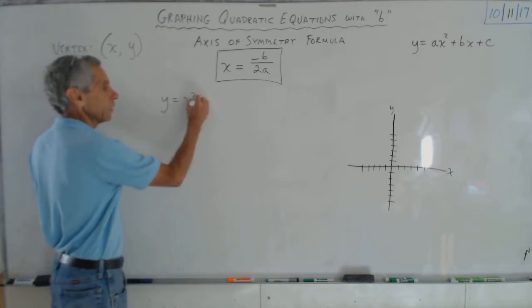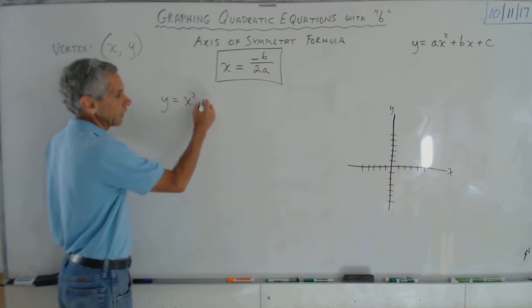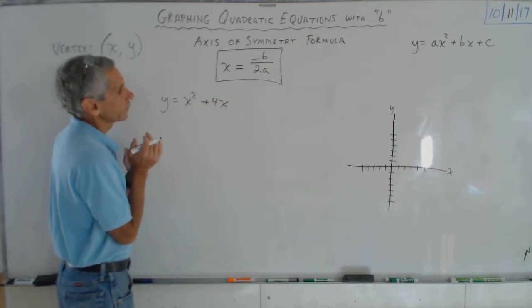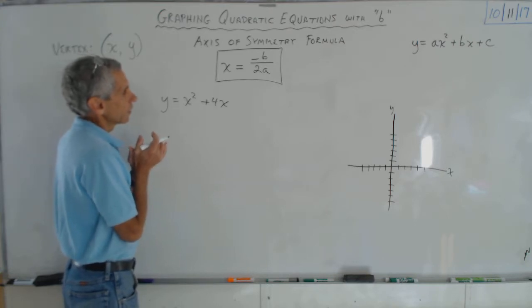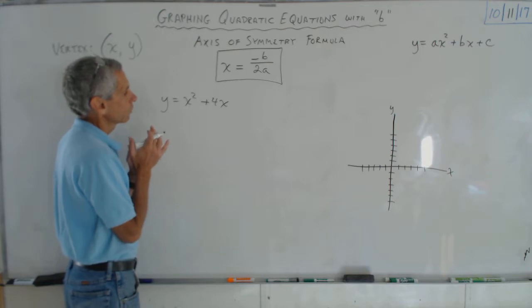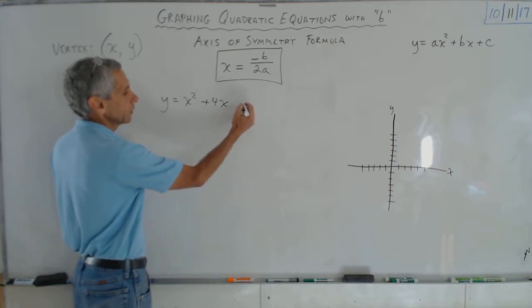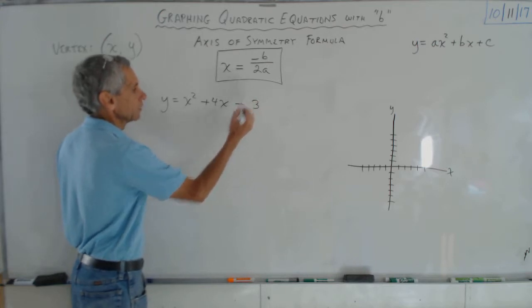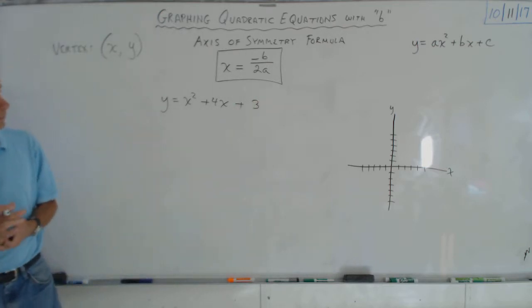Y is equal to x squared plus 4x plus 3. Okay, let's say that.